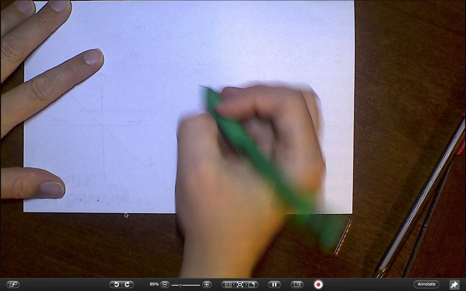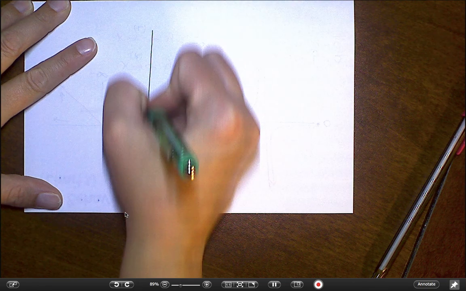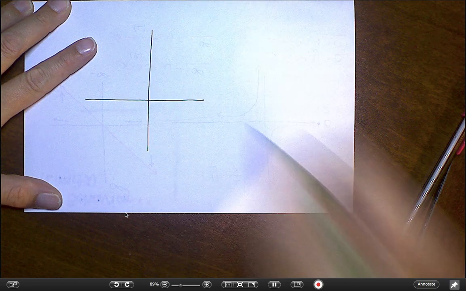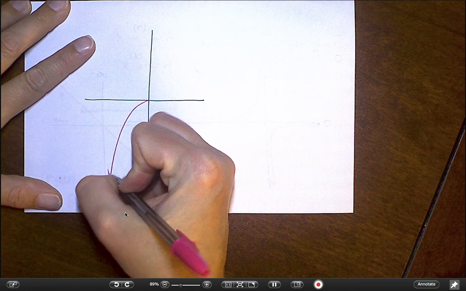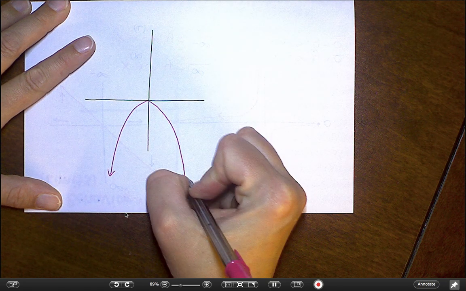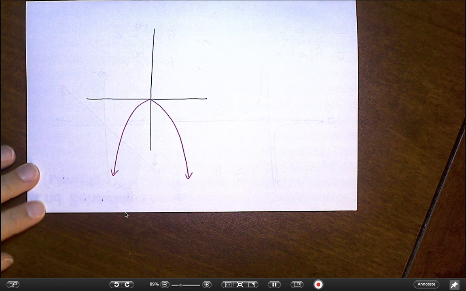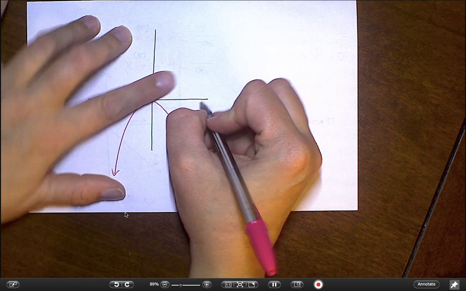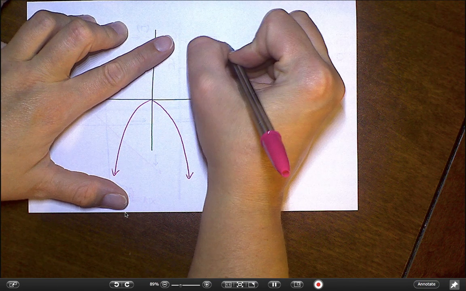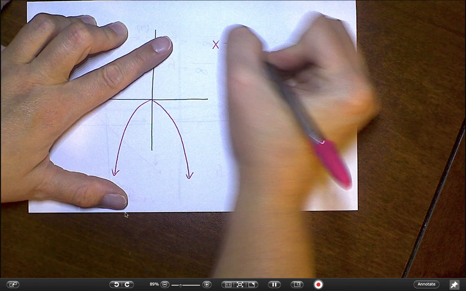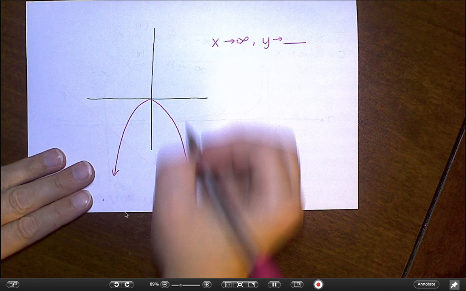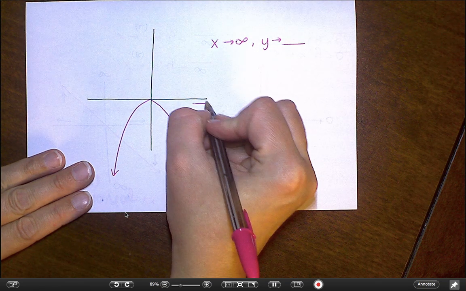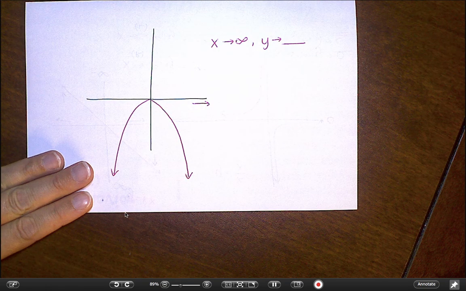Okay, let's do a parabola. And just for fun, let's do an upside down parabola. Okay, so on this graph, when I say when x approaches infinity, what's happening to y, I'm saying as I move to the right on my graph, where are my y values going?